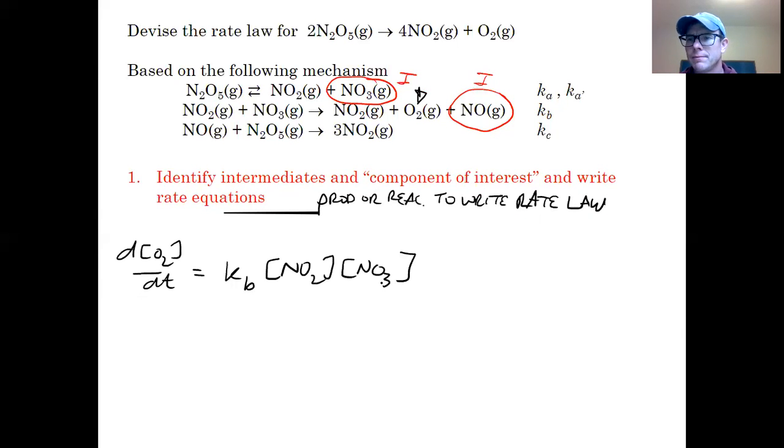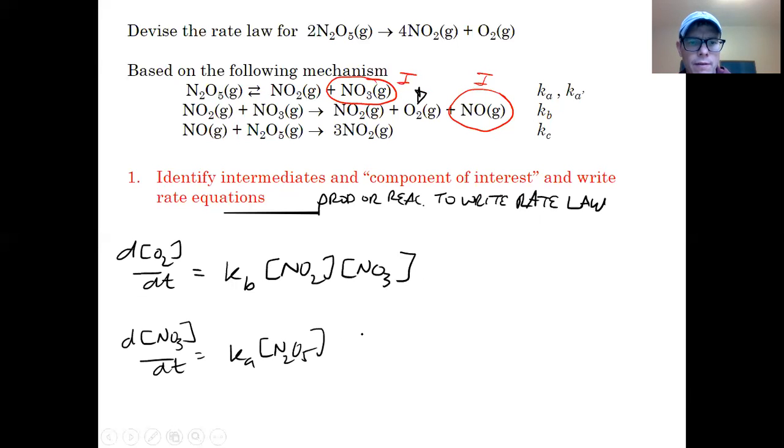NO3 is an intermediate. I'm probably going to have to use a steady state approximation here. So I'll write a rate expression for this intermediate. Again, made in step one, so that's Ka N2O5. I lose it if the reverse reaction goes, so that's minus Ka prime NO2 NO3.